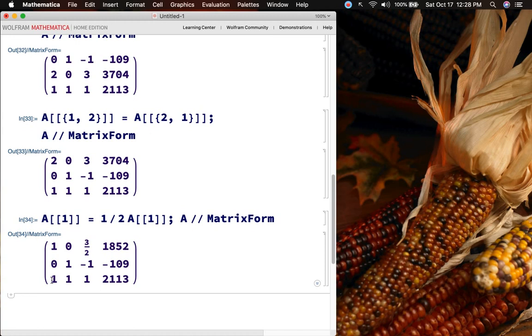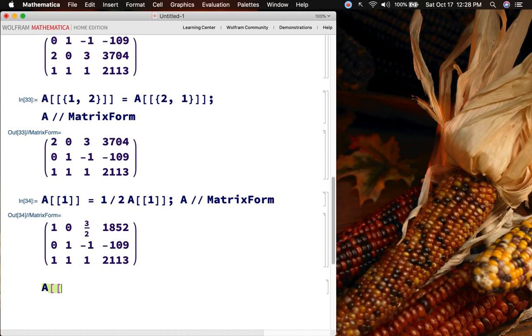What about this? There's a 1 here. I want that to be a 0. So what I'm going to do is, I see there's a 1 here, as there should be. Right over here, there's a 1. This should be 0. Well, 1 minus 1 is 0.